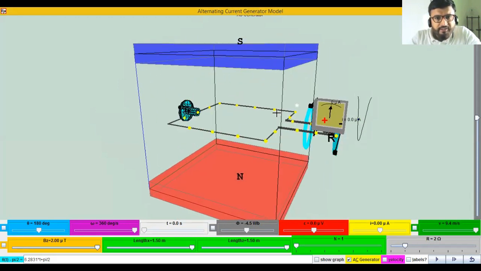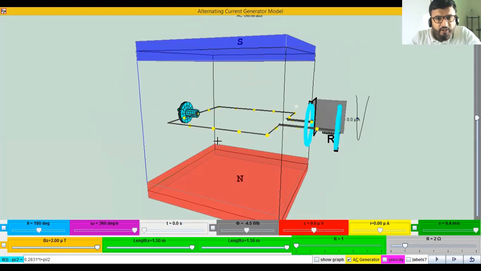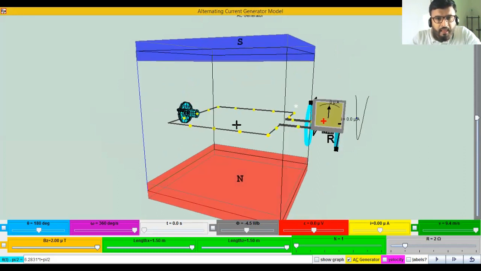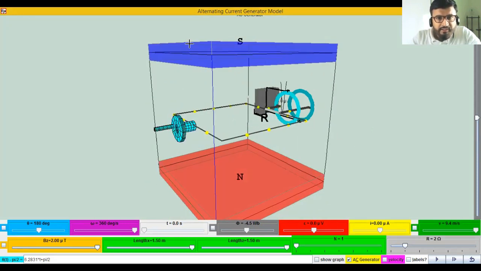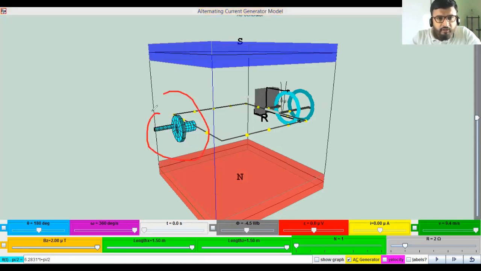For the sake of simplicity, over here we have considered only one loop. And this part is representing the engine. It is just a model so that we can understand: from this side, the fuel will cause the generator to rotate, the coil will rotate, and we are providing the magnetic field.